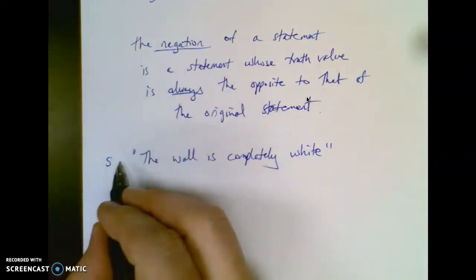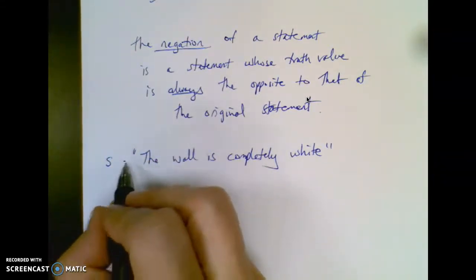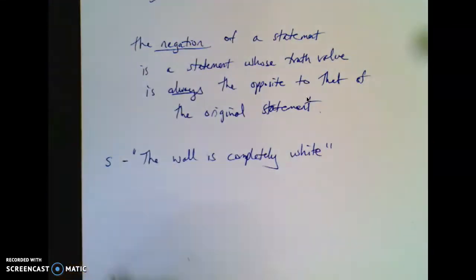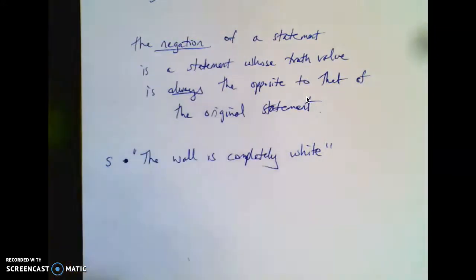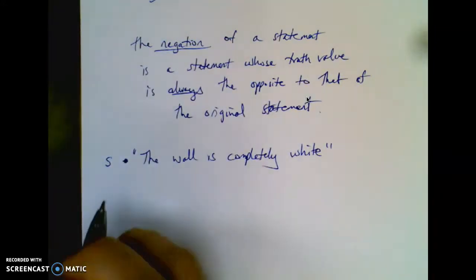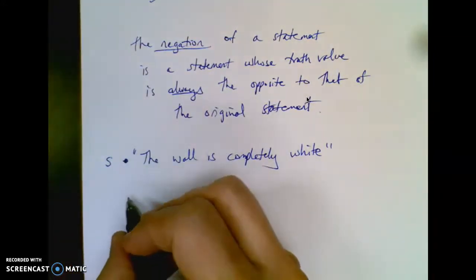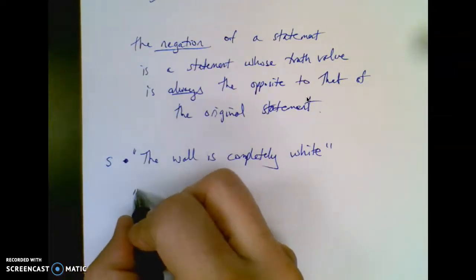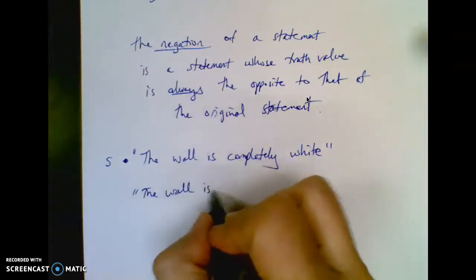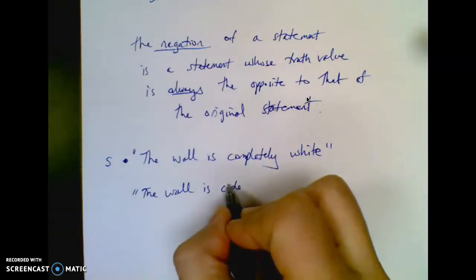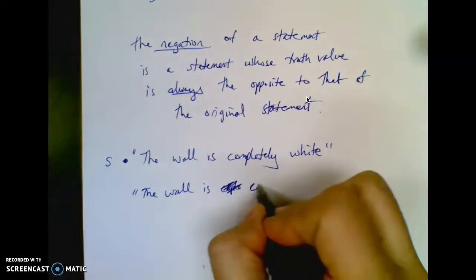I can put any letter. But let's say this is my statement, and I represent it by S. And I say the wall is completely white. If I ask somebody what the opposite of that is, sometimes they will say "The wall is completely black."